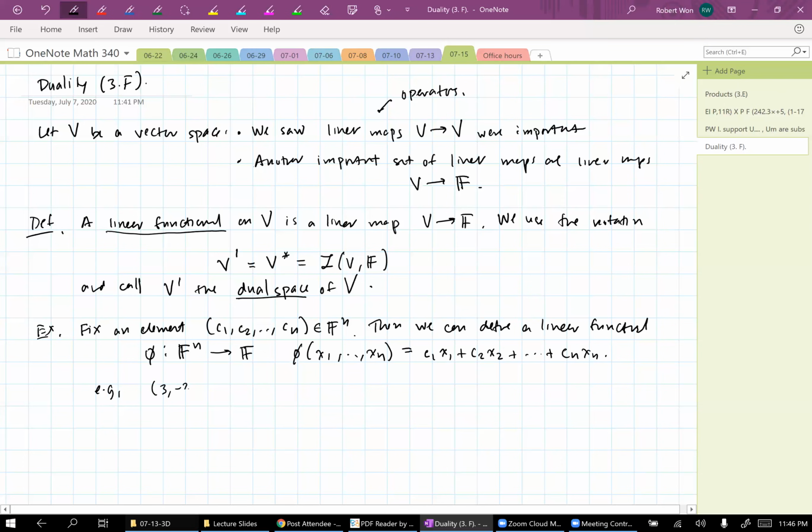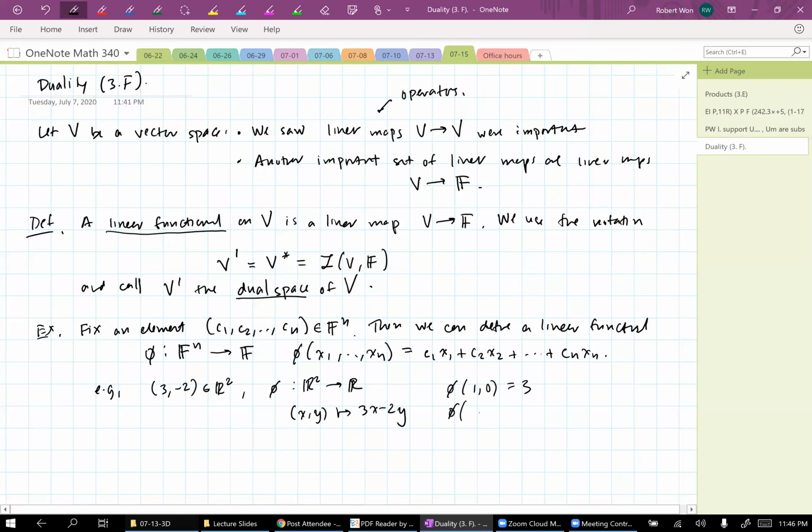Okay, so to be even more concrete, let's give a more concrete example. You can consider the vector (3, -2) in R^2. Then the functional phi sends the vector (x, y) to the number 3x minus 2y. Right, so phi of (1, 0) equals 3.